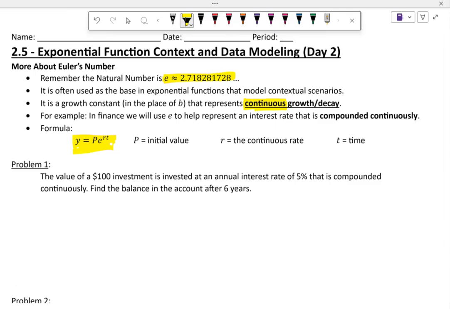In finance, for example, we would use e to help represent an interest rate that is being compounded continuously. Compounding means how many times interest is being applied. So if you take out a loan or you use a credit card and you borrow money, in the case of a credit card, your interest is applied once per month. That is how many times it is being compounded.